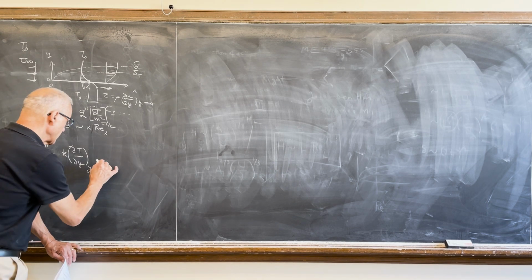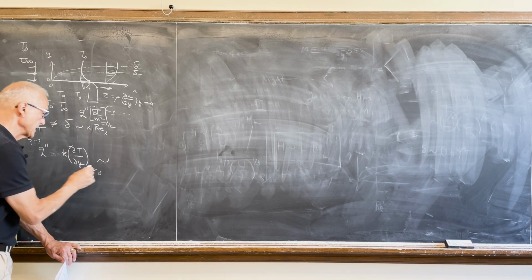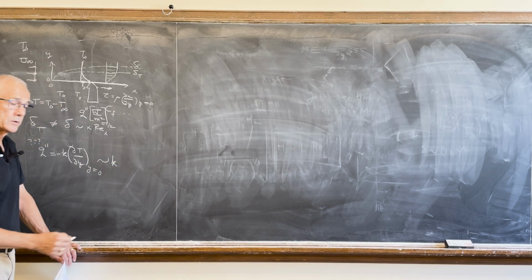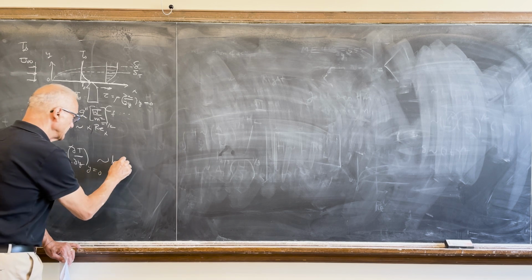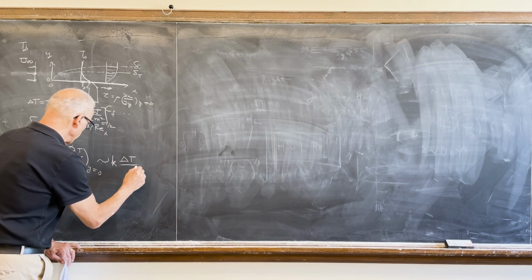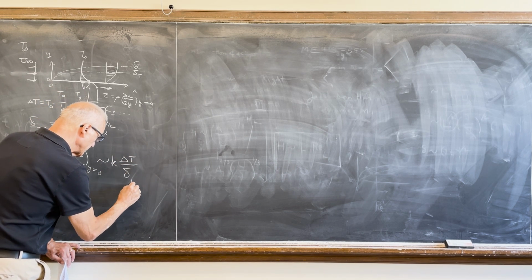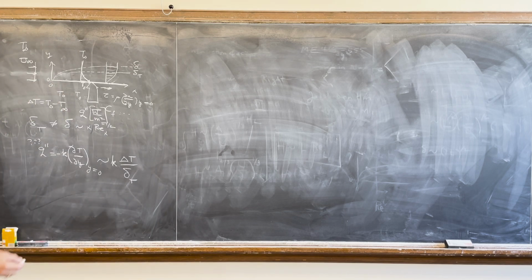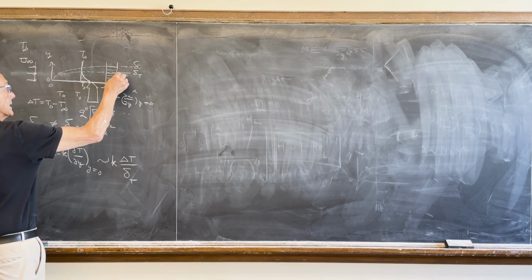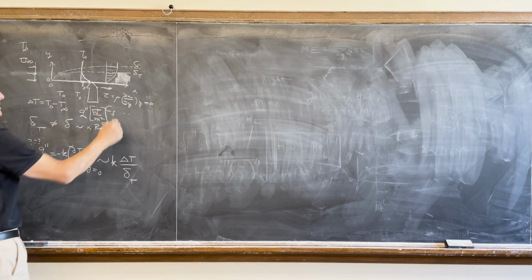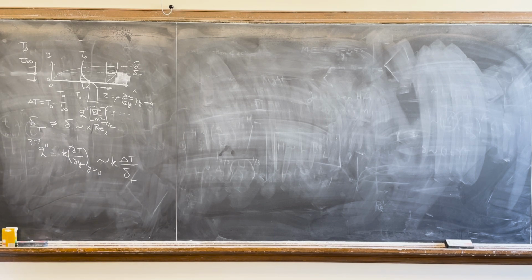Via scale analysis, this unknown is the same as the conductivity of the fluid, k, times delta T divided by delta sub T, because I am focusing my interests on this system, a system of length L and thickness delta sub T, different than the boundary layer discussed in the preceding lecture.